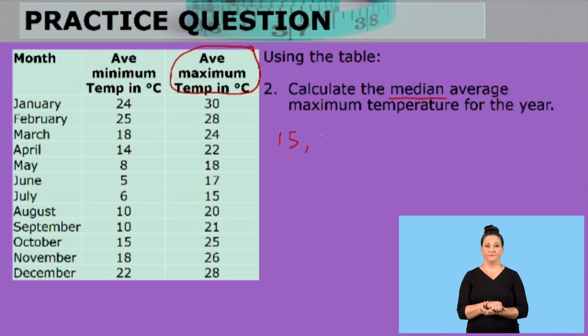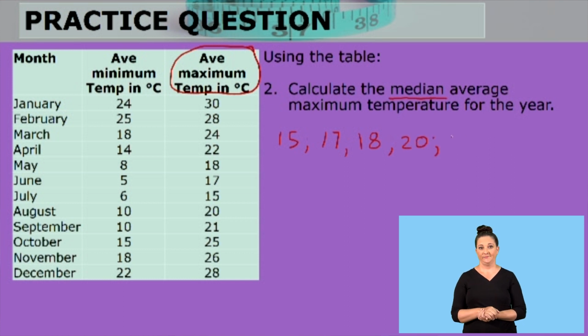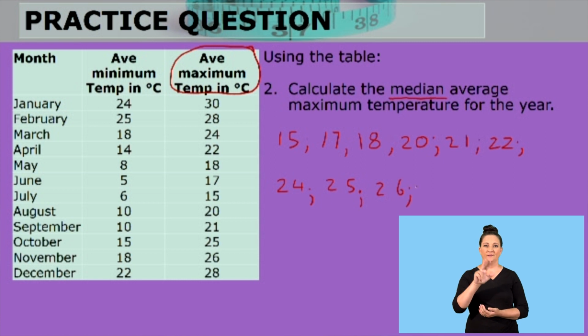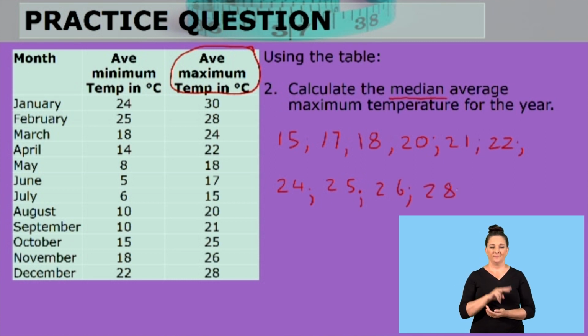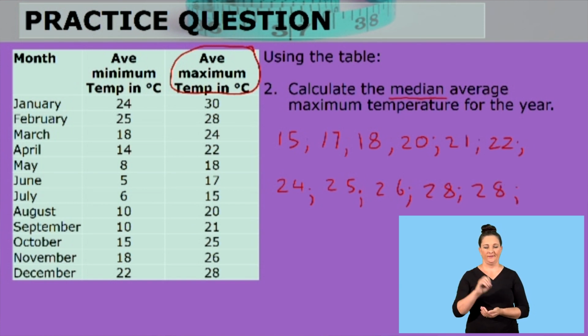Then I have 17, 18, 20, 21, 22, 24, 25, 26, 28, 28 again, and lastly, I've got 30.